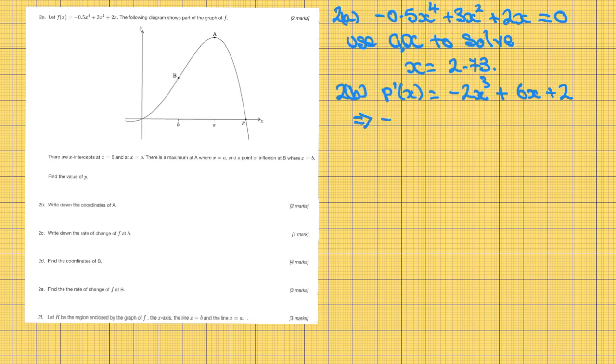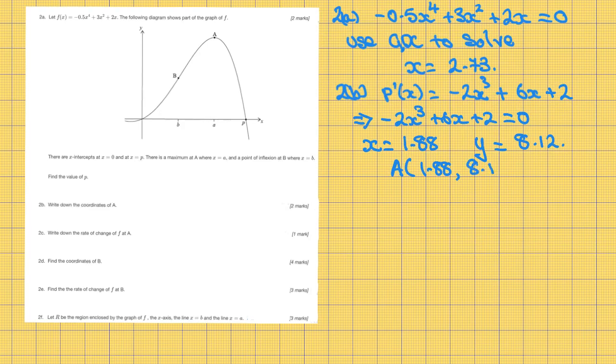Therefore, minus 2x cubed plus 6x plus 2 is equal to 0. Use your GDC to solve, and you get that x is equal to 1.88. To find the y coordinate, put 1.88 into f of x, and you get y is equal to 8.12. So the coordinates of A are 1.88, 8.12.